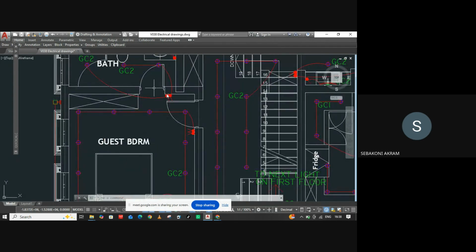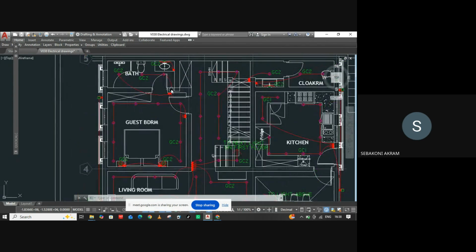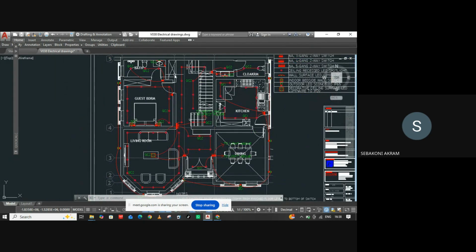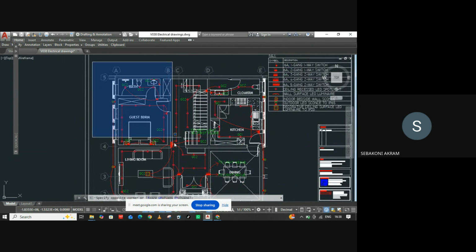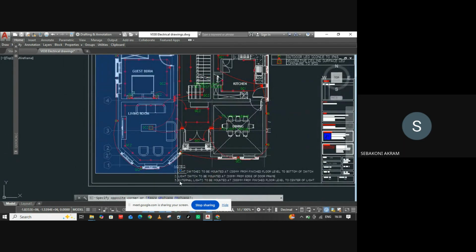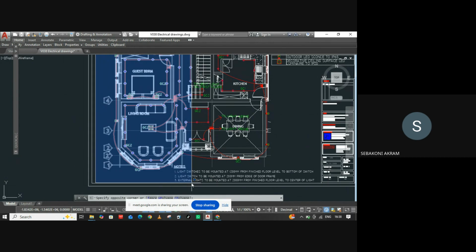These are not really in the same switch, but we're trying to make sure that we have an area, all this area, let me highlight it, having this area here in the same circuit.